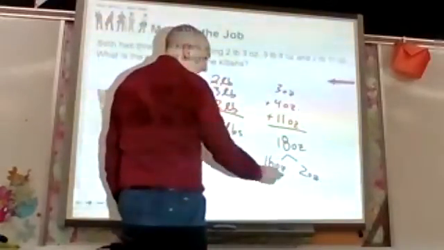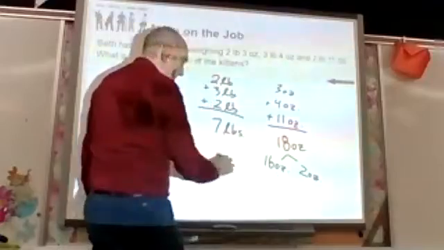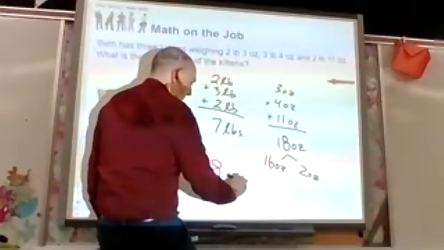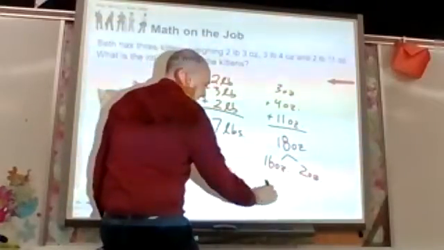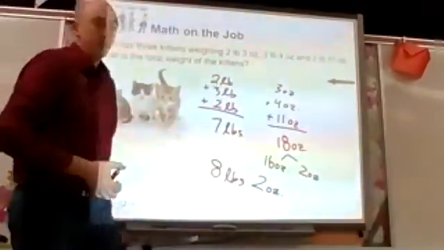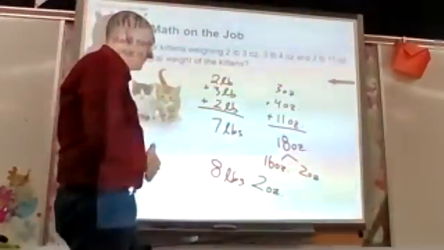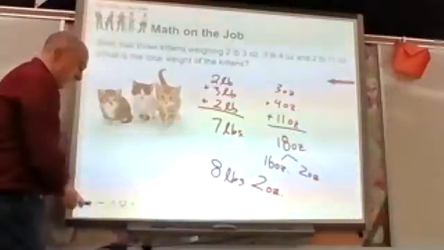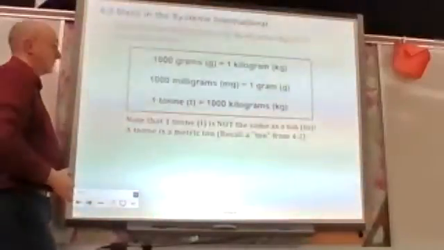And we're going to take this 16 ounces and add it to the total number of pounds. So we've got 8 pounds and 2 ounces as our total weight of these kittens. All right, let's move on now to the metric system.